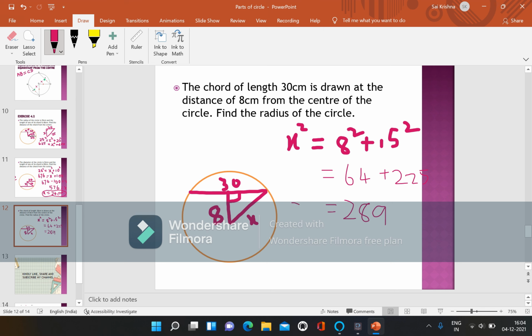So x is 17. If you are thorough with the square numbers, you will know this. So 17 square is 289. So the radius of the circle is 17 centimeter.